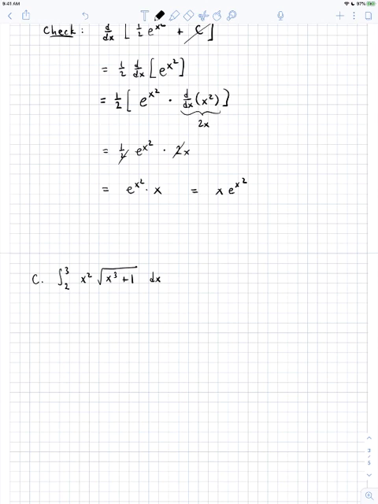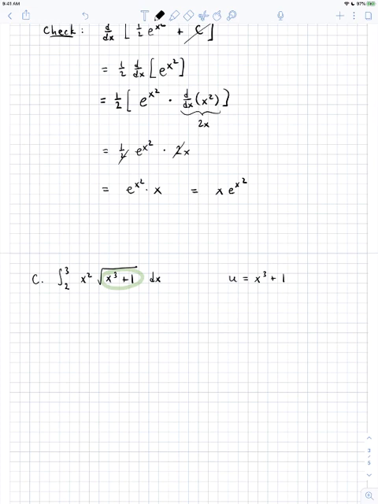The first thing to do is try to figure out what your inside function is. And the hint here is that it's inside something, quite literally in the sense that it's inside a radical. So we're going to let u be equal to x cubed plus 1. In order for substitution to work, it's not enough to have an inside function.